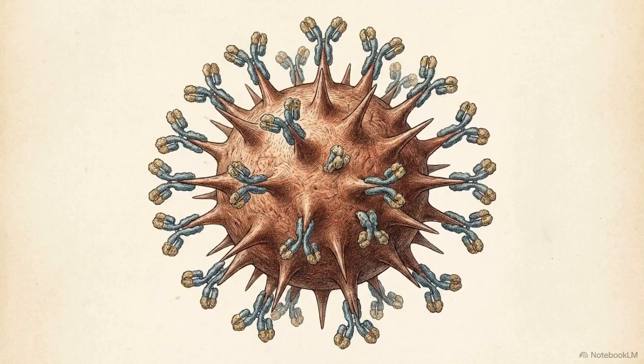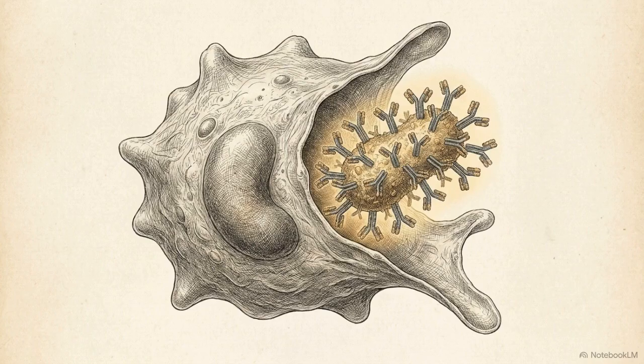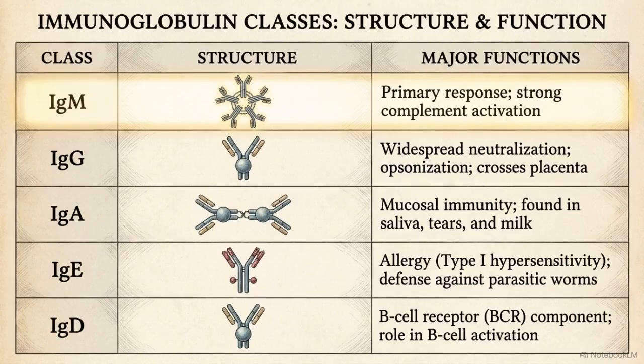Instead, they neutralize extracellular toxins by blocking their receptors, or they opsonize circulating microbes, coating them to enhance phagocytosis by macrophages. The structure of the heavy chain determines the specific physiological role of the antibody, from the pentameric IgM driving the primary response to the monomeric IgG handling widespread neutralization and secretory IgA protecting mucosal surfaces.